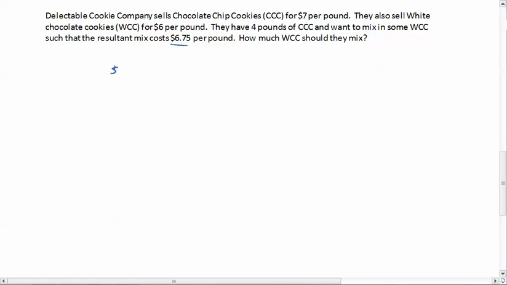That $7 per pound is going to be affected by how much of that you have, because it's not just going to be a simple $7 plus $6 equals 6.75, because those two aren't going to be weighted the same. We're going to weight each of those based off of how much we put into it. If I put 4 of these in, so I'm going to weight it by 4.